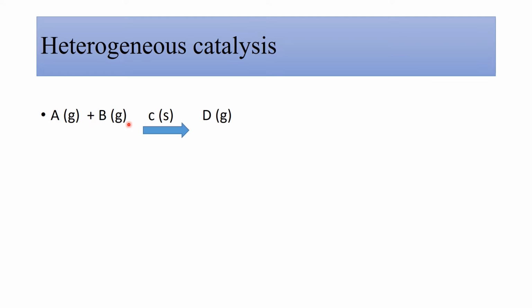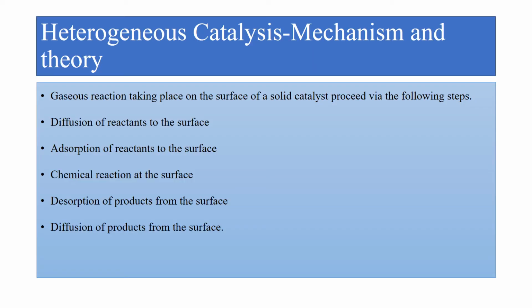Example, gaseous reactant passed over solid catalyst, that is A gas reacts with B gas in the presence of solid catalyst to form D gas. Heterogeneous catalysis, mechanism and theory.